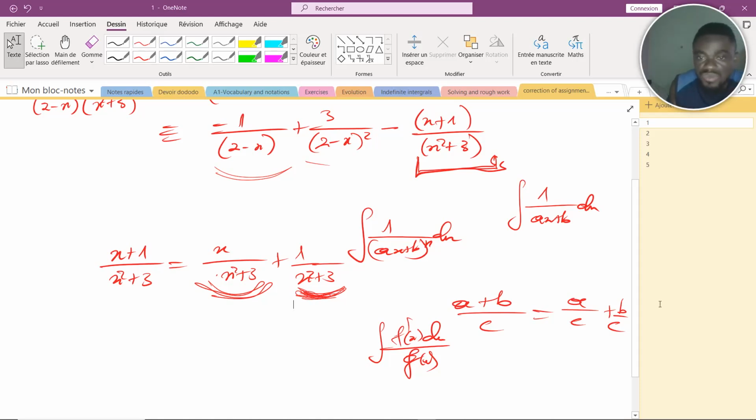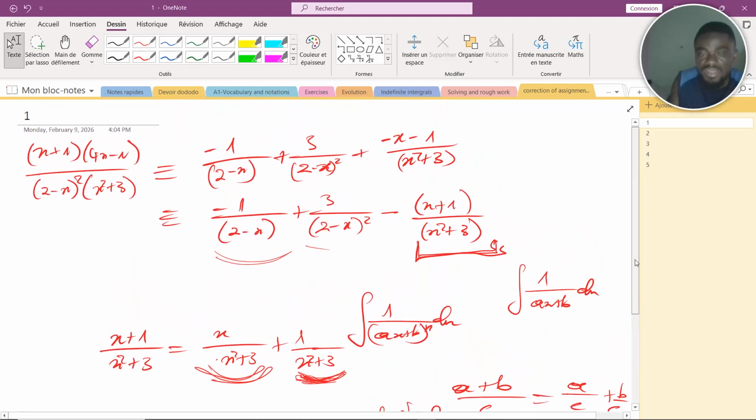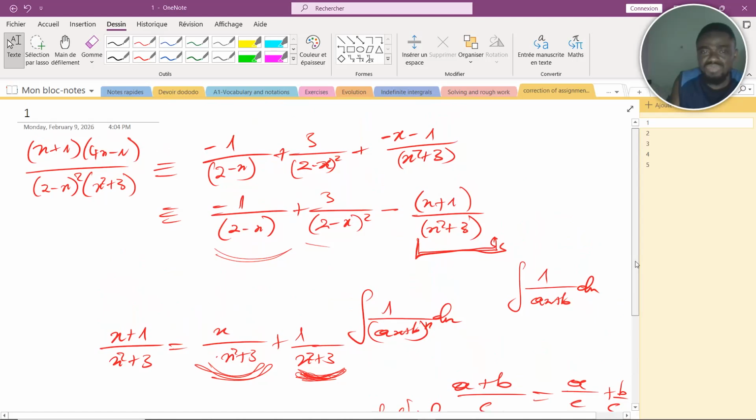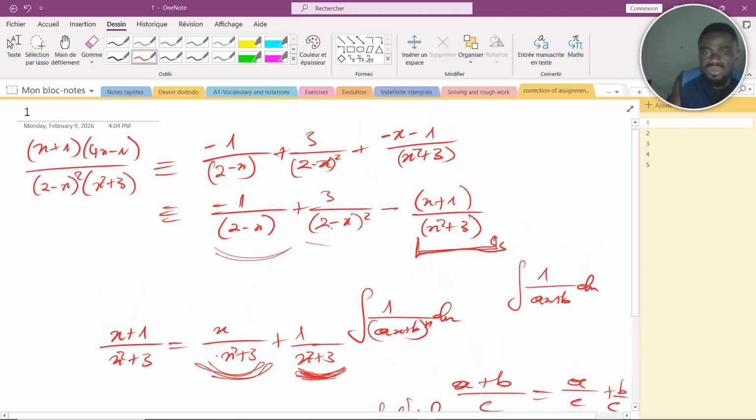So be very careful. Always be very composed when you are doing things. Don't precipitate yourself. So this will be equal to minus 1 over 2 minus x plus 3 over 2 minus x squared, minus x over x squared plus 3 minus 1 over x squared plus 3.